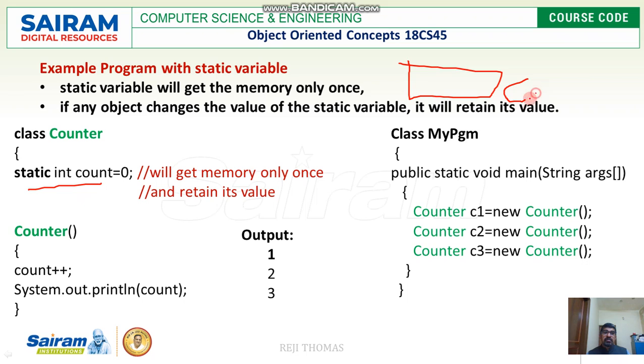This is count. Whenever I create an object, this gets initialized only once, and I'll call the counter, where I'll increment this by 1. So this is going to be 1. I'll not have separate space for this. So I'll print the count value, which is going to be 1.